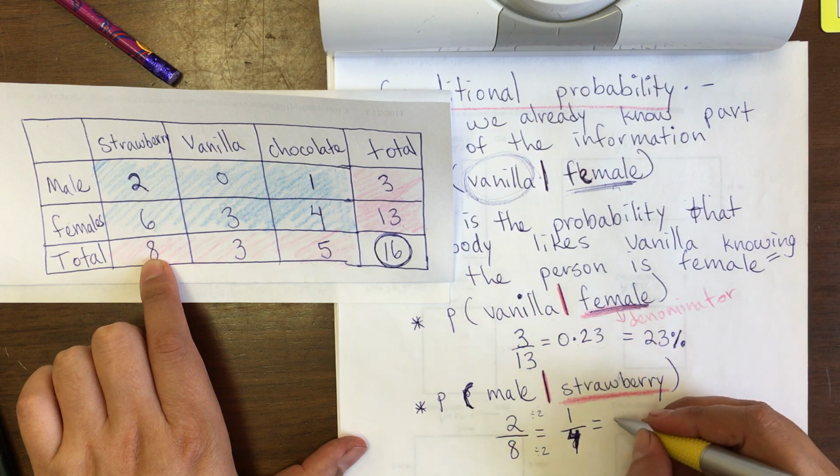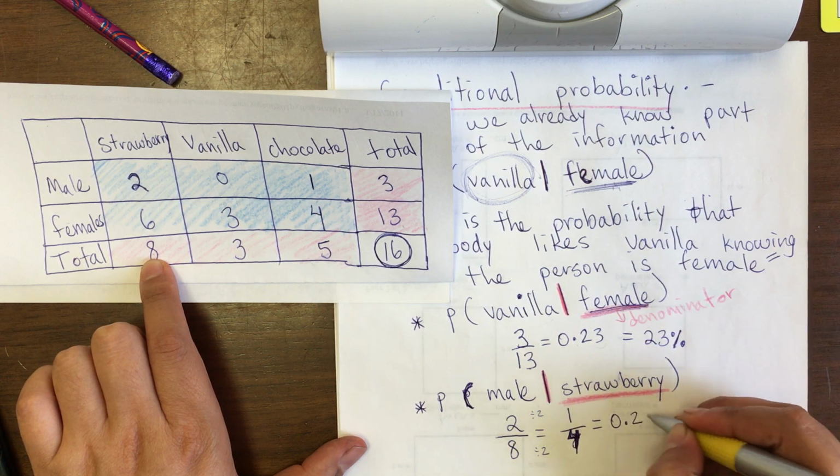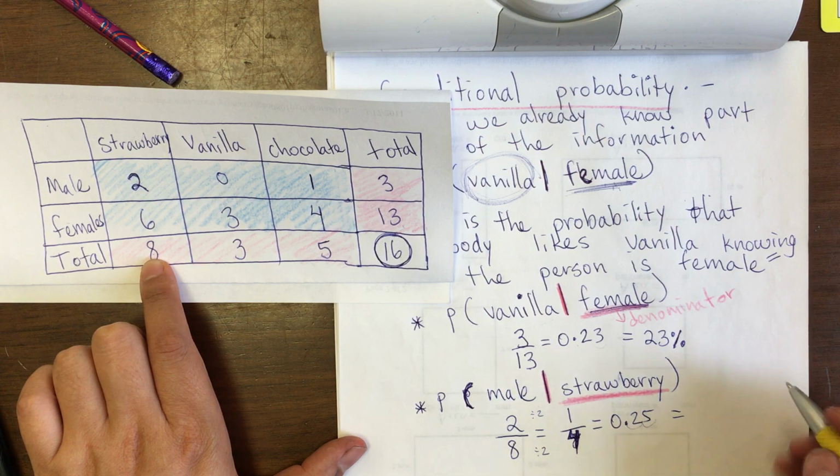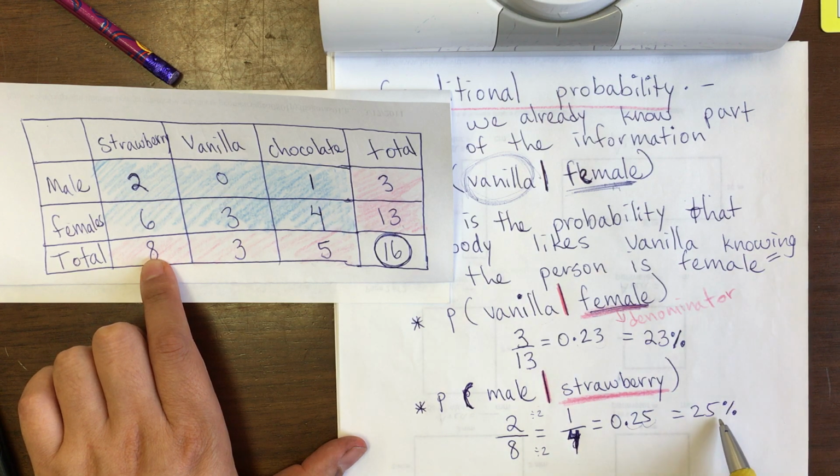And 1/4 is the same as 0.25. We move it twice, and so it's 25%. So the probability that I'm going to get a male knowing that they like strawberry is 25%.